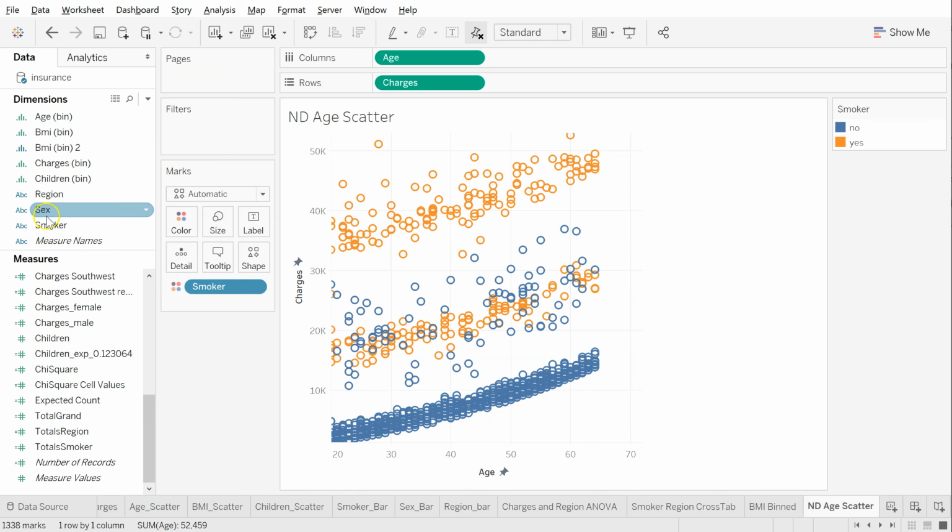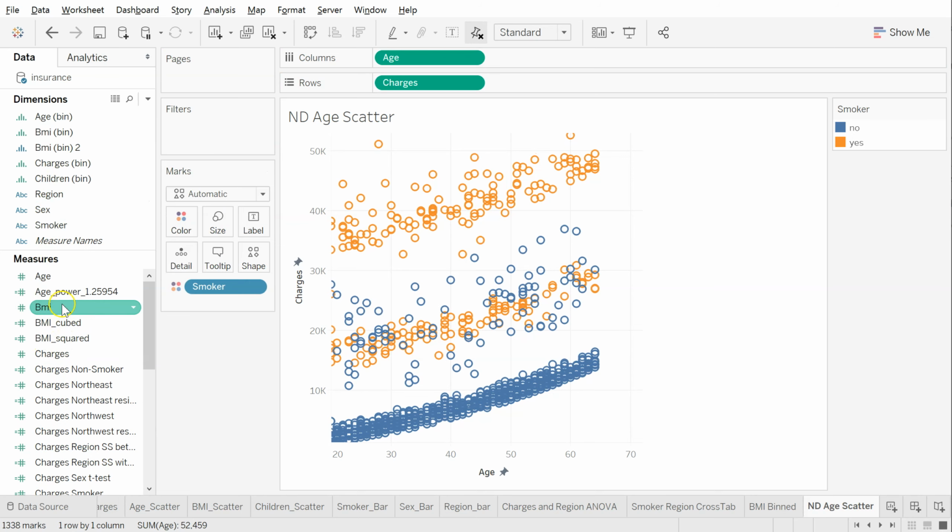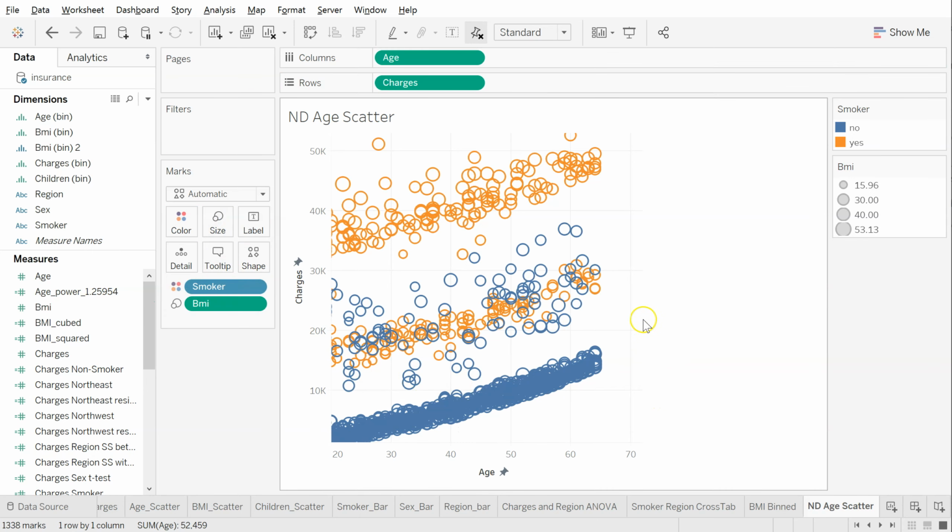My last one is BMI. Let's give that one a shot. All right, now BMI is pretty continuous, so it's tough. It's done this grouping over here into 4 bins now, and I could potentially adjust the size so that some are much smaller than others.